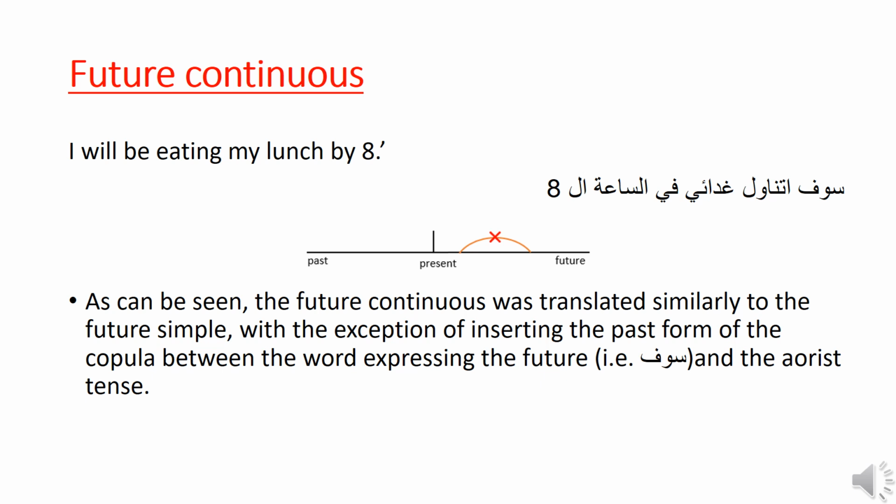So you can see that the future continuous is represented by two different points in the future. One of them refers to the near future, and the second refers to the far future. And of course, there is that kind of duration while eating lunch.